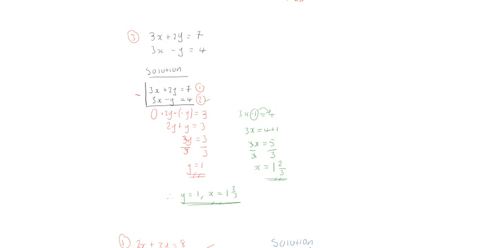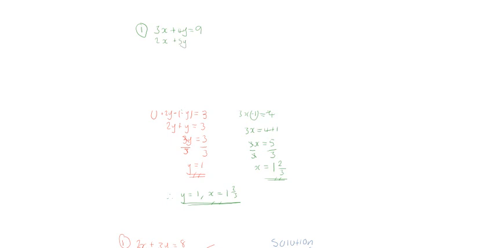Okay, so on the other section, we have chosen question 1, and the question is saying 3x plus 4y is equal to 9. Yes. Then we have 2x plus 5y is equal to 7. Okay, so what is the solution?